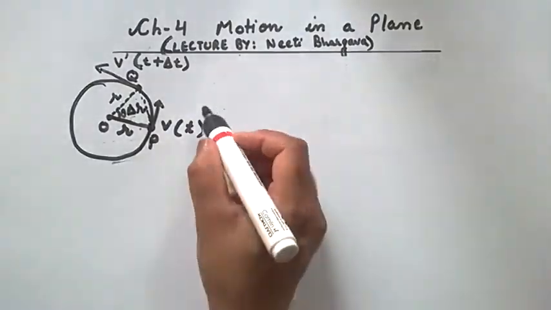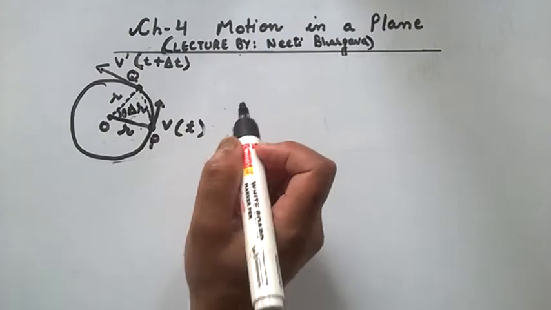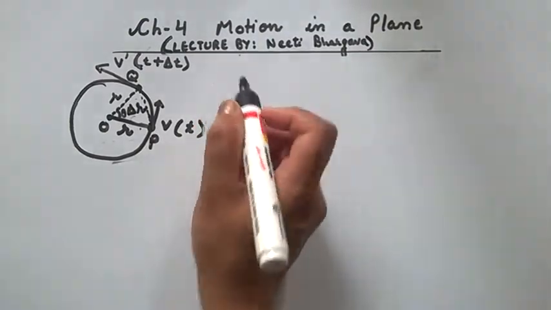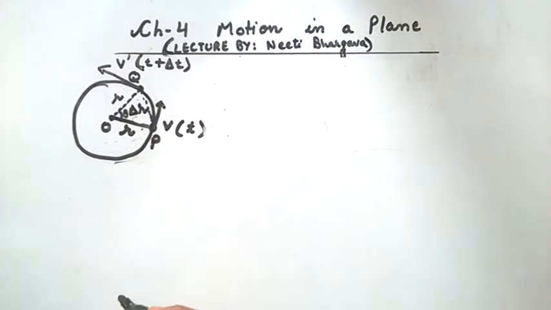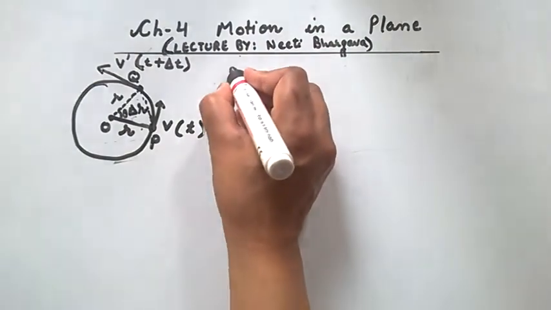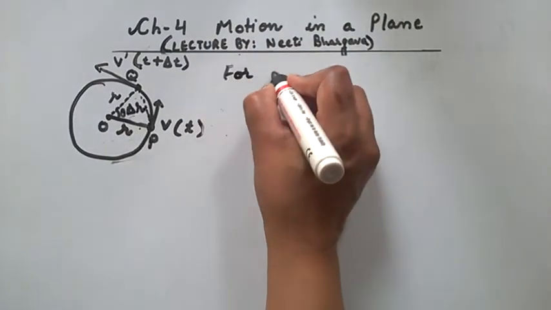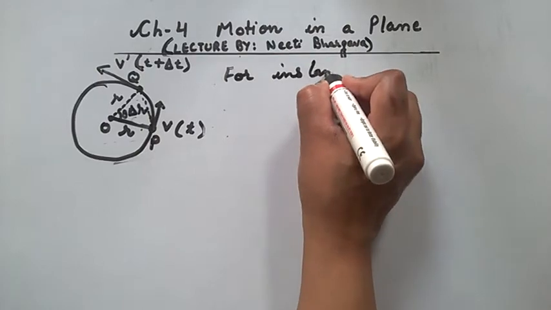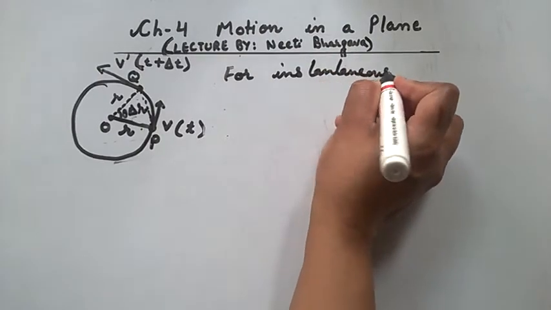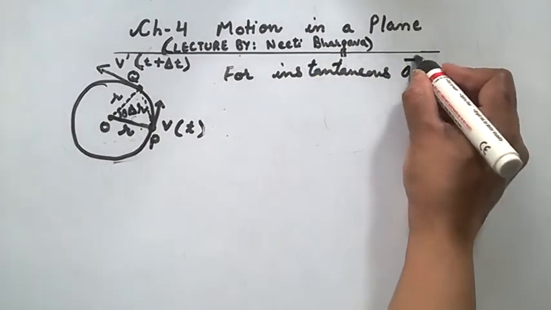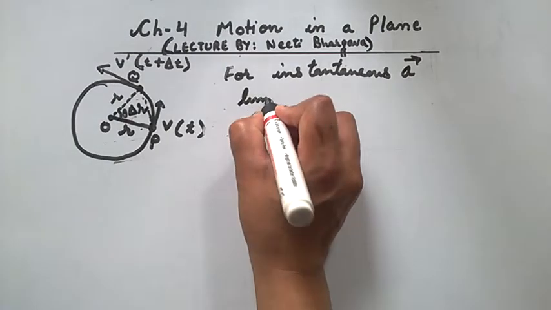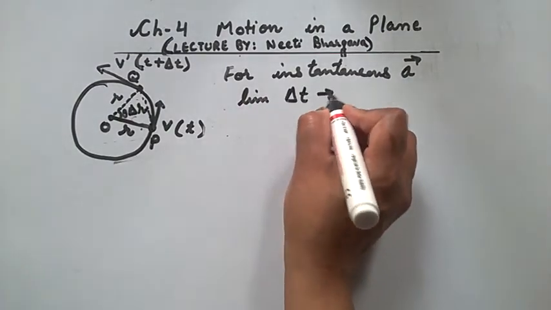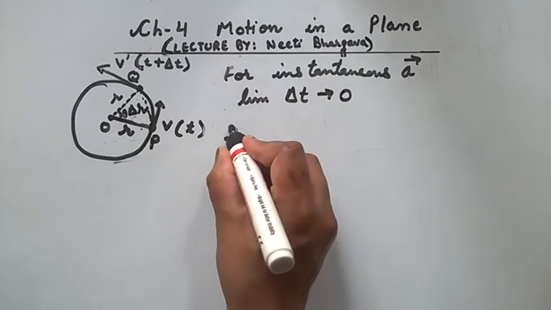Now, as we have calculated the value of average acceleration, we can calculate the value of instantaneous acceleration. For instantaneous acceleration, limit delta t tends to 0.